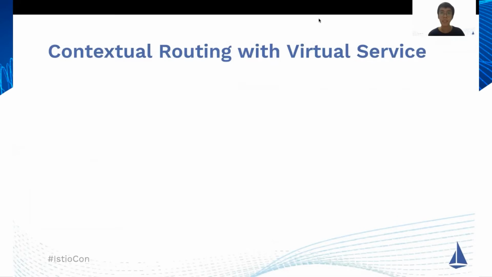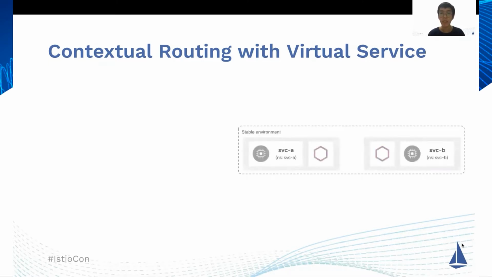Thank you, Rajath. Continuing from the approach set earlier, now let's see how we deploy and do the routing for our dev environment. Initially, we have only a stable environment where we deployed all our microservices.